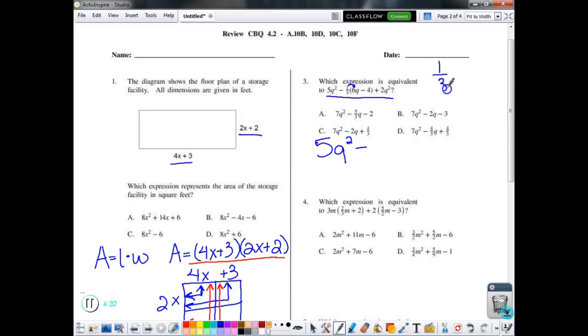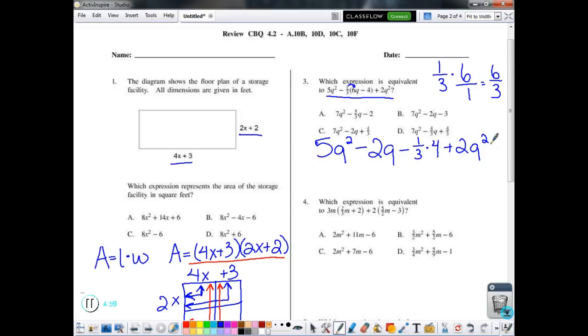What's 1/3 times 6? Multiply across, right? So it'd be 6 over 3, which is 2q, and then minus 1/3 times 4 plus 2q squared, right? And so then you want to combine your like terms.